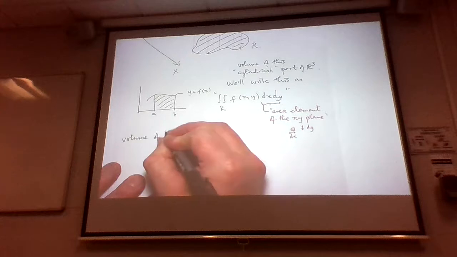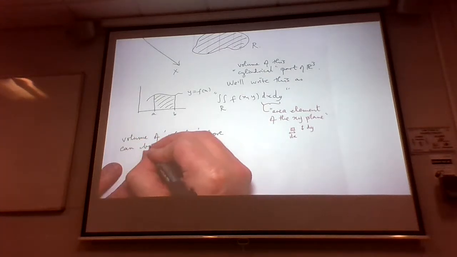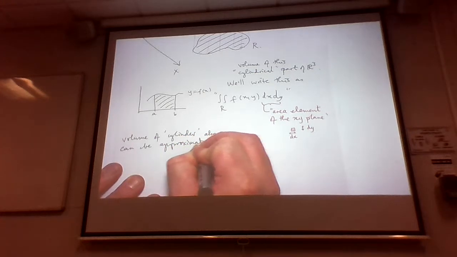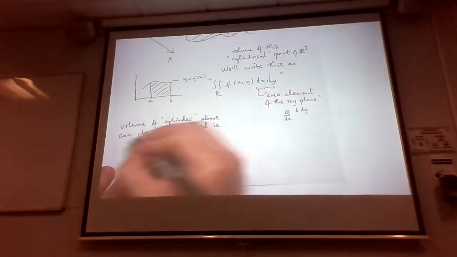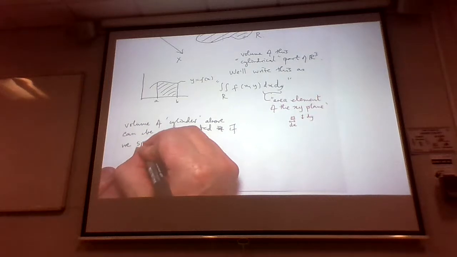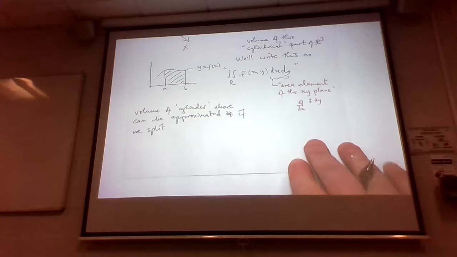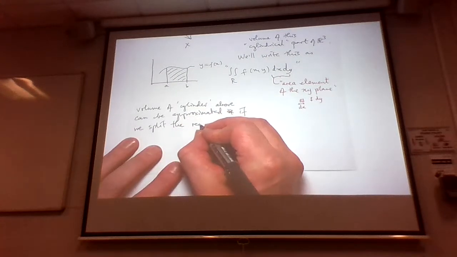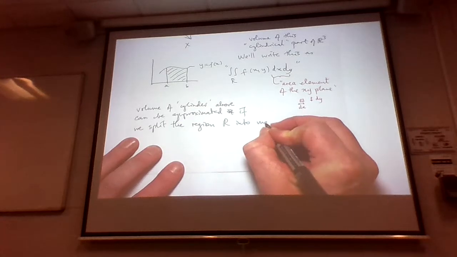So the volume of the cylinder above can be approximated if we split, or subdivide, the region R into many small rectangles.